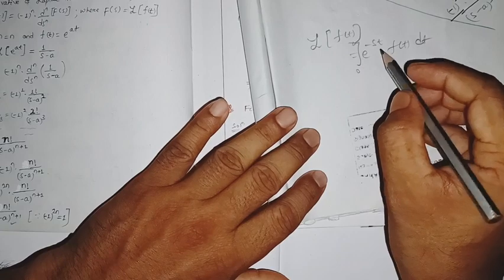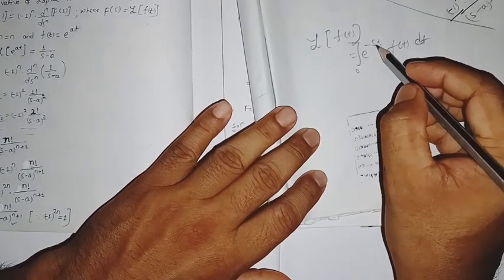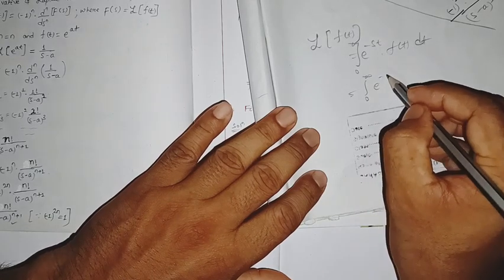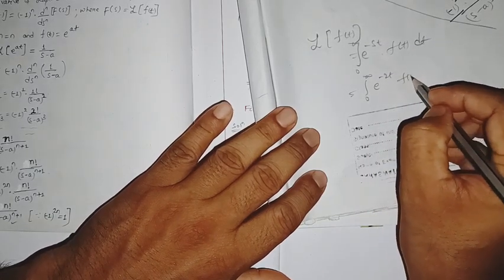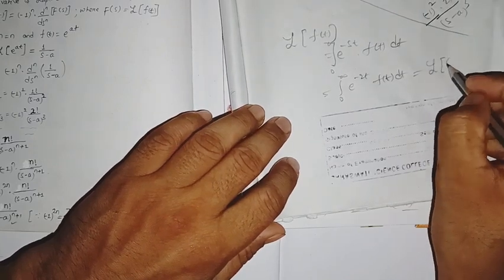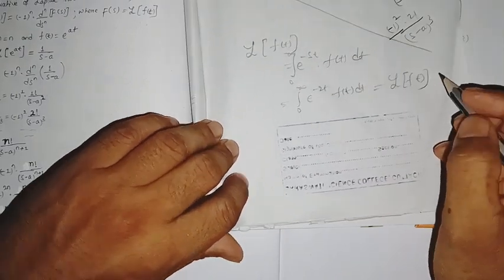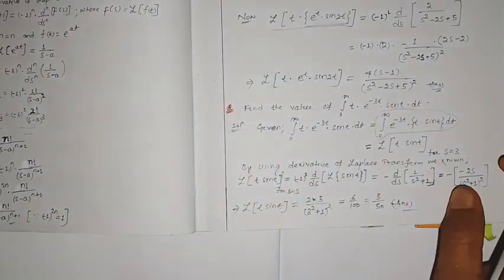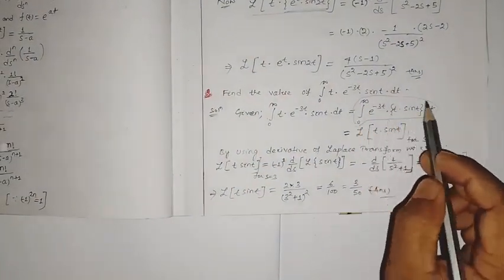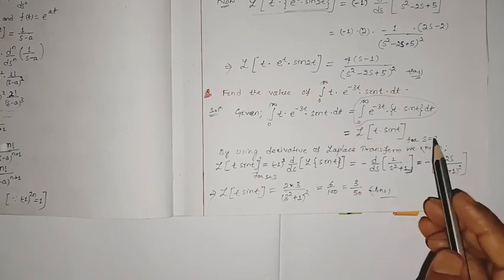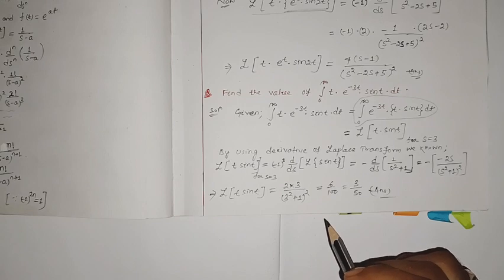Suppose s is 2, then 0 to infinity e to the minus 2t into f of t dt will be nothing but Laplace transform of f of t for s equal to 2. Same thing has been written over here. This is nothing but Laplace transform of t sin t for s equal to 3.